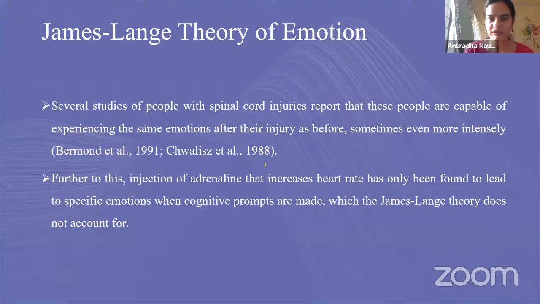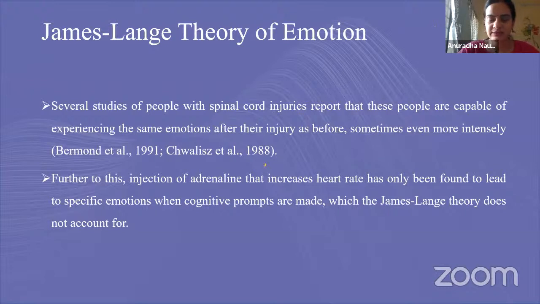Several studies of people with spinal cord injuries report that these people are capable of experiencing the same emotions after their injury as before, and sometimes even more intensely. And one other study was done by the people we'll be talking about later, Schachter and Singer. They injected some people with adrenaline, and they found that increased heart rate led to a specific emotion only when cognitive prompts were made.